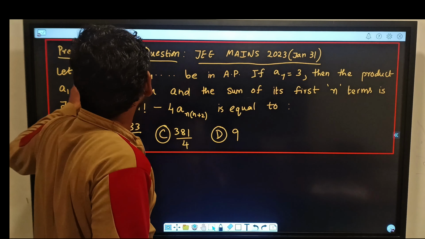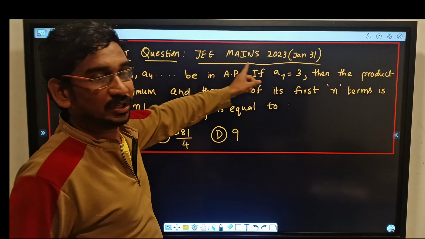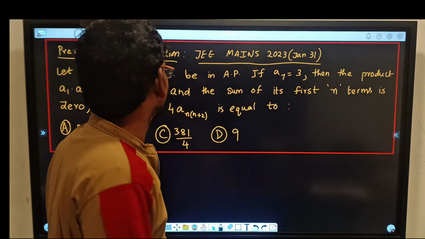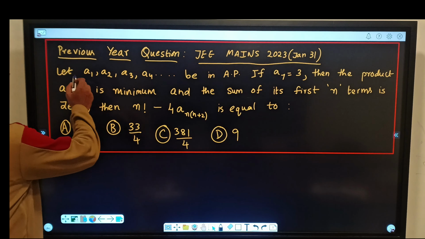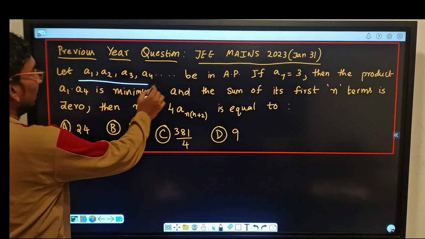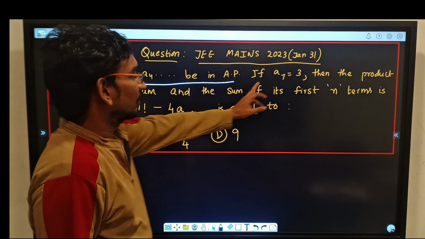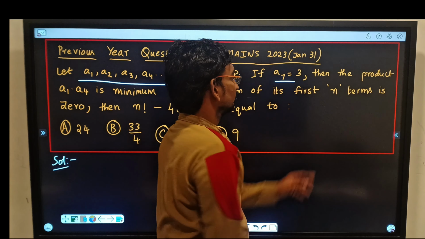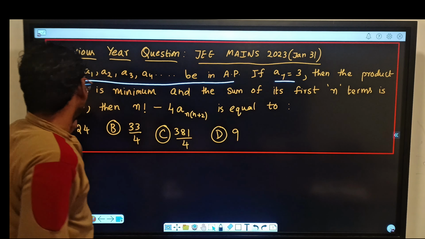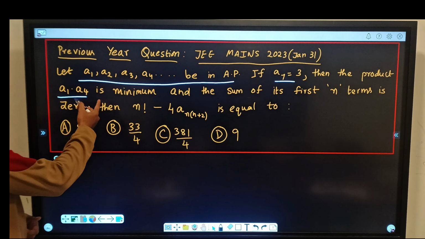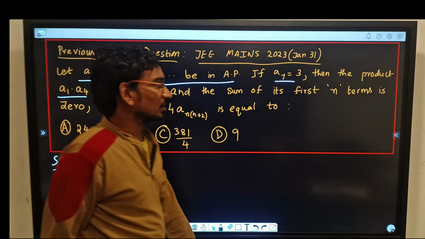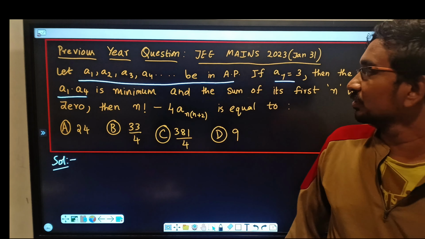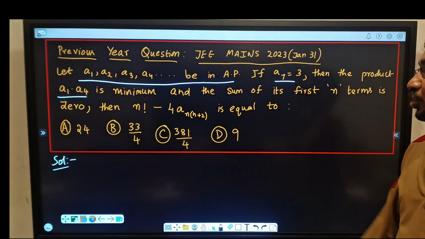Put the question in previous year question, JEE Mains 2023, January 31st. A1, A2, A3, A4 are in AP. A7 equals 3. The product of A1 into A4 is minimum, and the sum of the first n terms is 0.